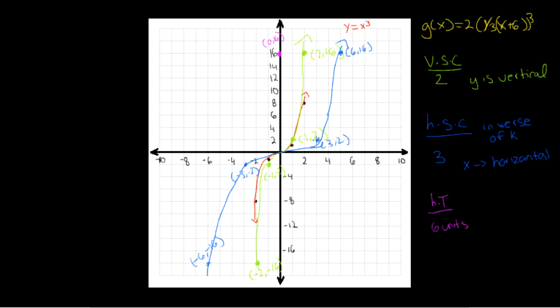So we move this here, we get (-3, 2). We move this down here, which will be (-9, -2), and this point will be off the graph, so we'll just draw this here, and the origin will just be (-6, 0). So we'll just draw this.